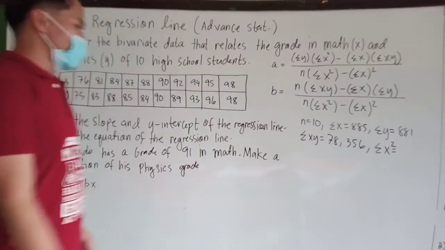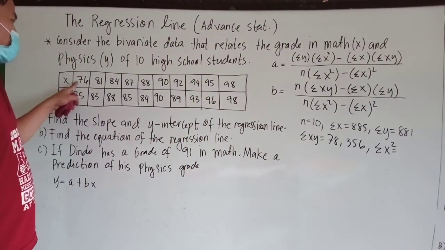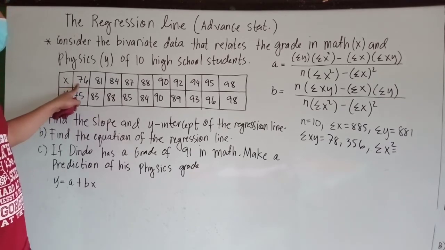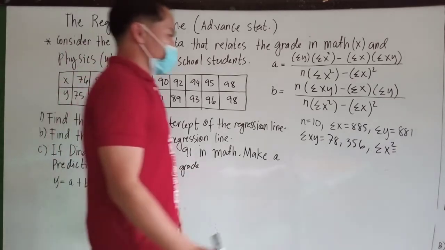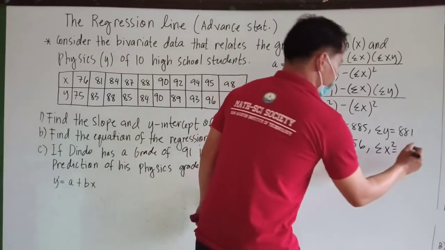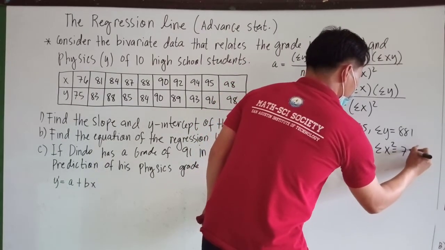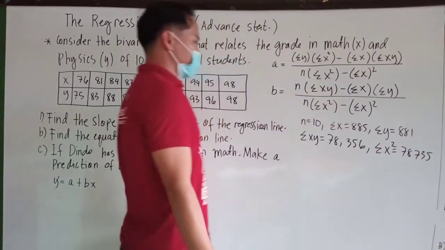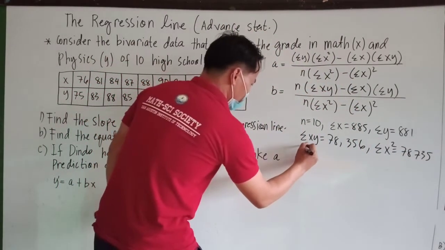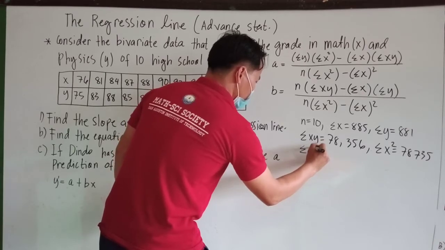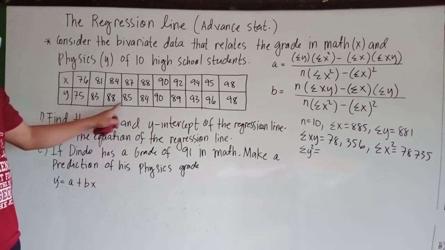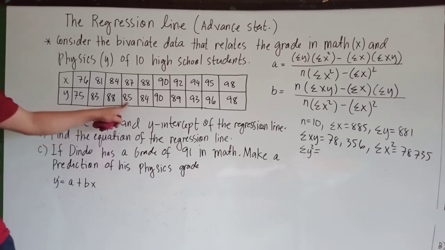Summation of x squared means just square each grade in math, then add the results. So summation of x squared is equivalent to 78,735. Next, you also have to identify the summation of y squared, meaning just get the square of each grade in physics, then add the results.